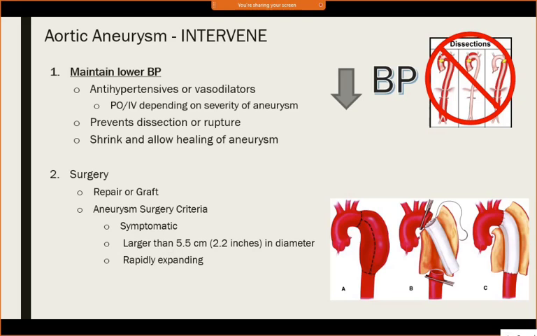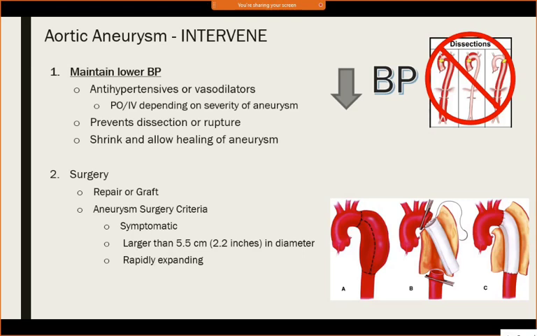If you just have an aneurysm, you want to prevent it from getting worse. Maintain your low blood pressure there. It prevents dissection and rupture. If you already have dissection, it will reduce the dissection. If you already have rupture, you're probably dead. But if you just have an aneurysm, you will maintain a lower blood pressure to allow that healing to happen.